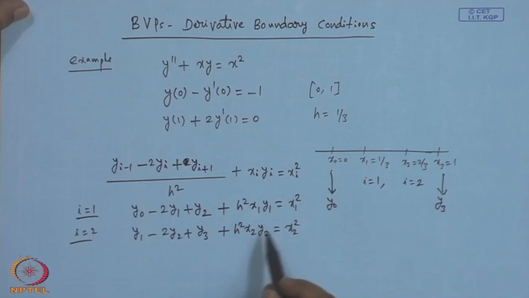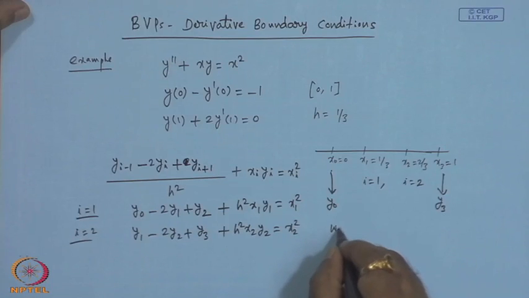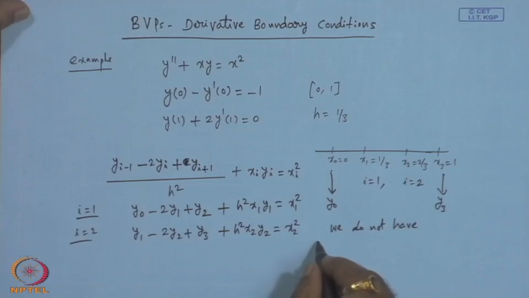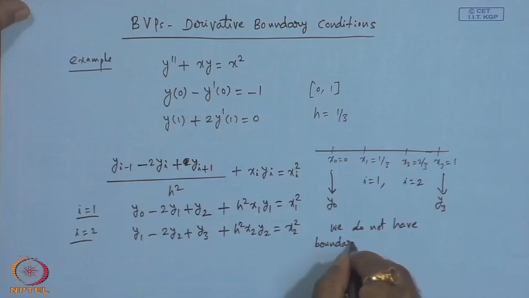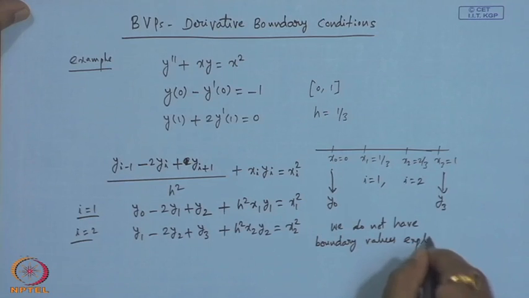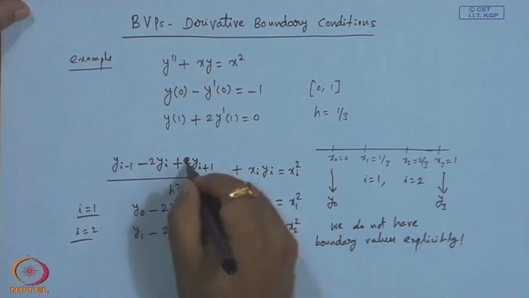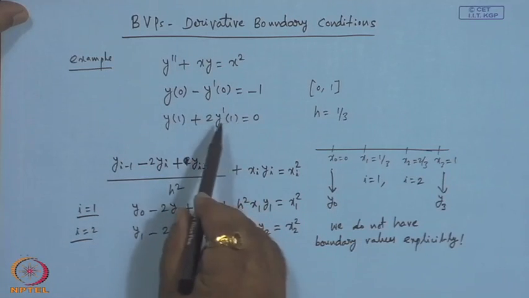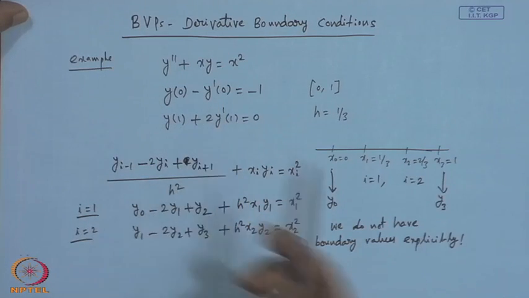What is the difference? We do not have the boundary values explicitly. The corresponding boundary conditions involve derivatives.